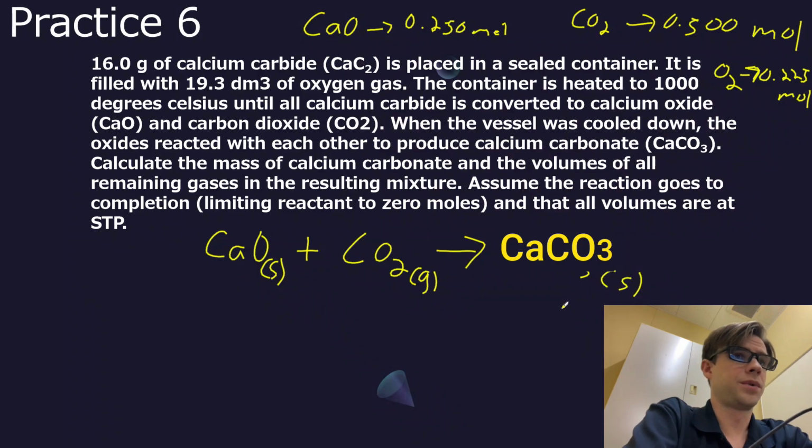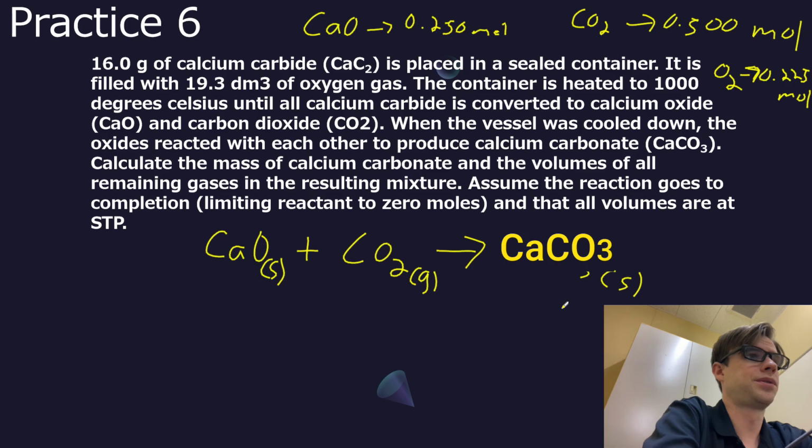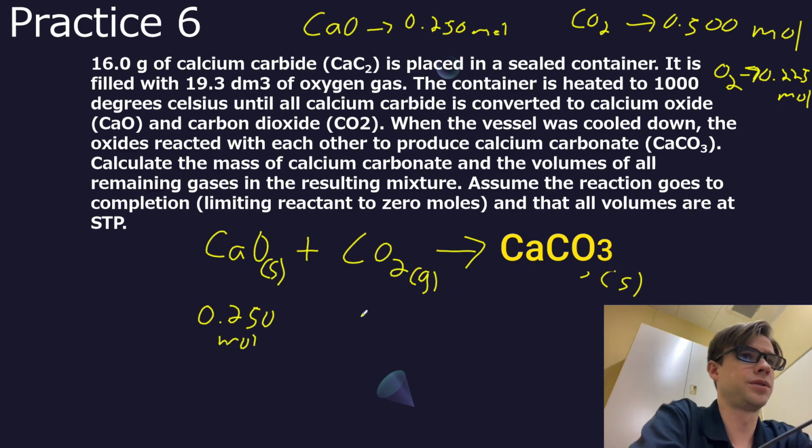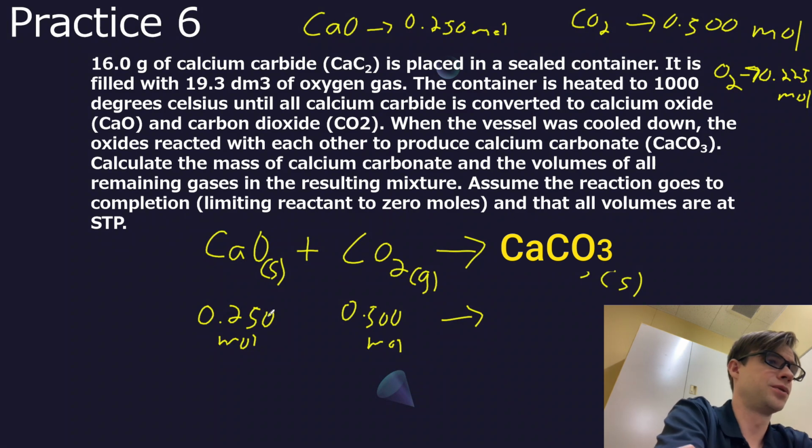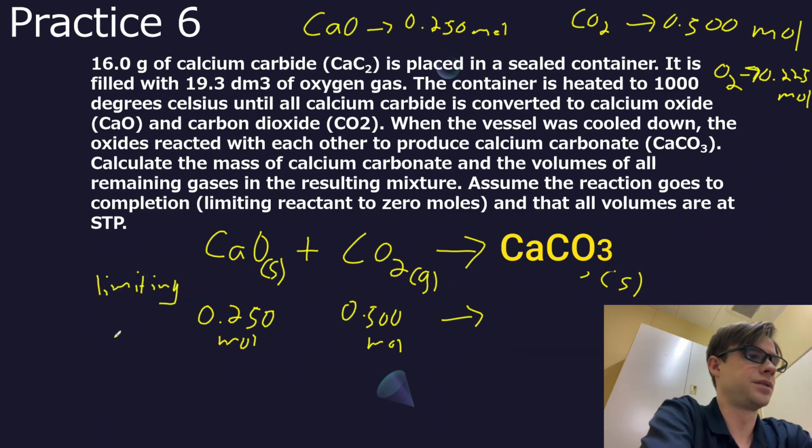All right, so we actually know how many moles of CaO will be present at the beginning of this step, 0.250. We know how many moles of CO2 as well, 0.5. And so I can just immediately see CaO is limiting in this step because we need 1:1. We have way more than we need of CO2.